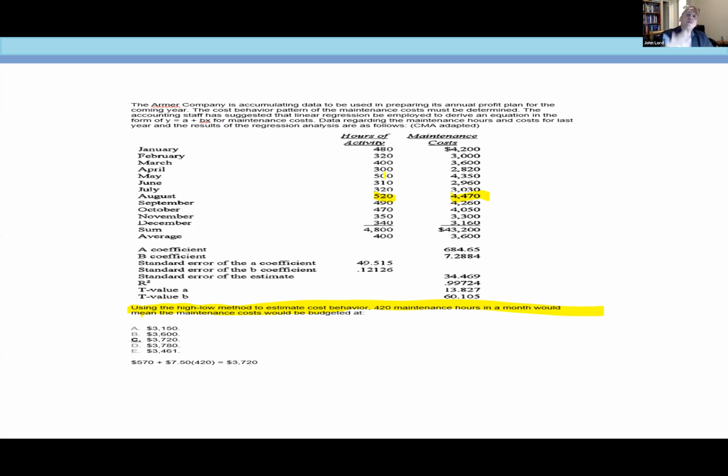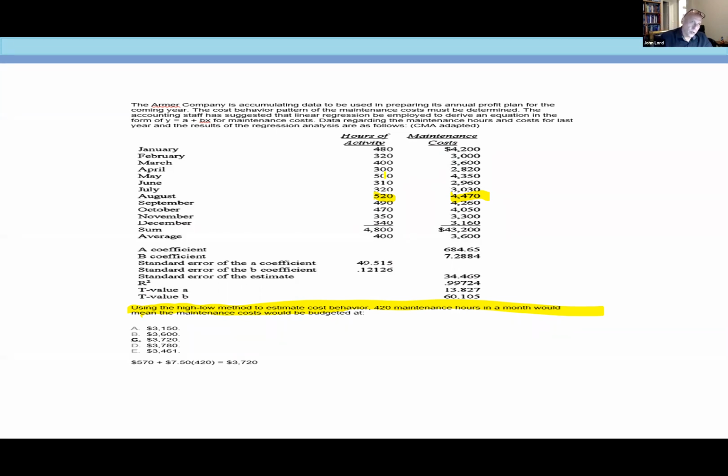We're using it to come up with a predetermined overhead rate. By the end of the year, once we have all the complete information, we're going to be able to make an adjustment at the end. It doesn't matter that the costs don't fit; nothing in life fits perfectly on a line. That only happens in classrooms, right? Nature does all kinds of weird things. But we're basically fitting a line to these observations to help us estimate.